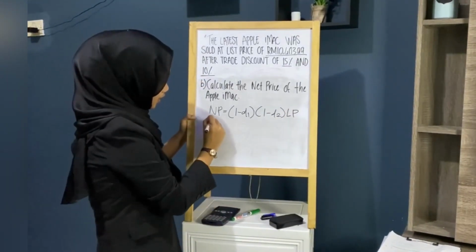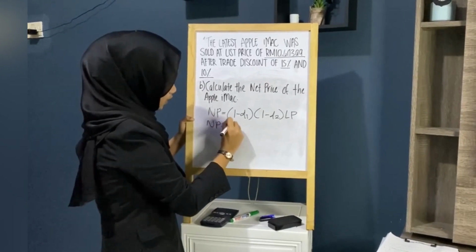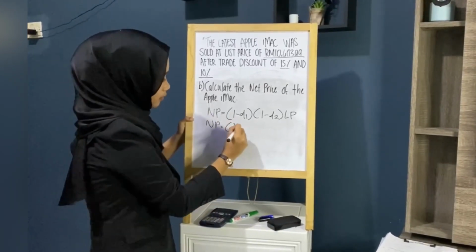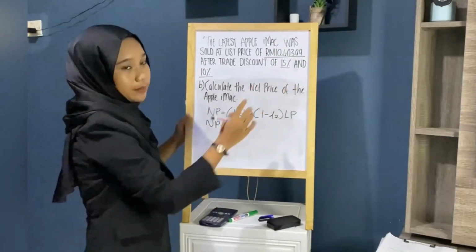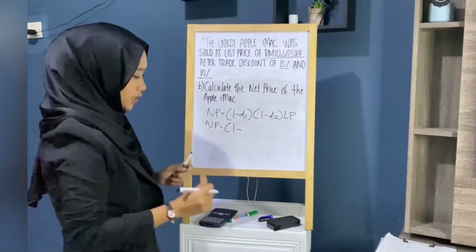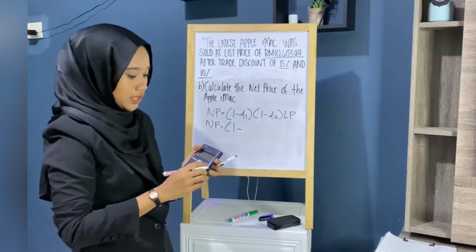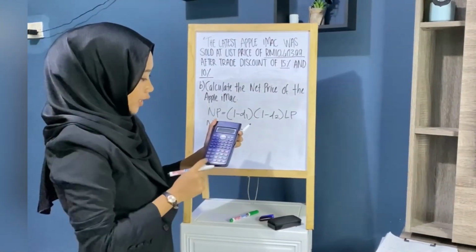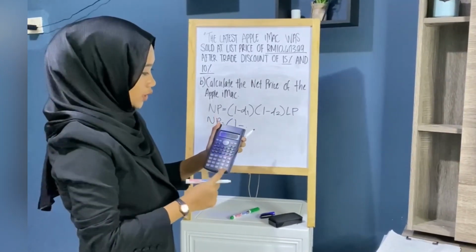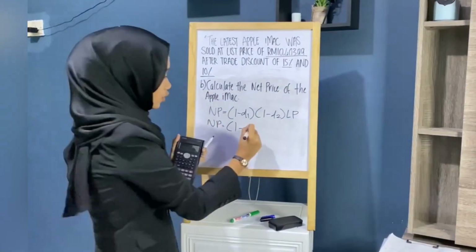Next, NP equal 1 minus B1. B1 is 50%, but you must change it to decimal. It's easy, you just take 50 divided by 100 equals 0.5.